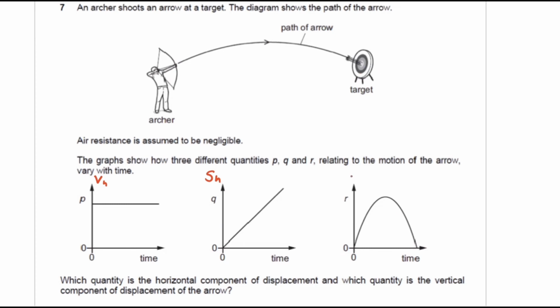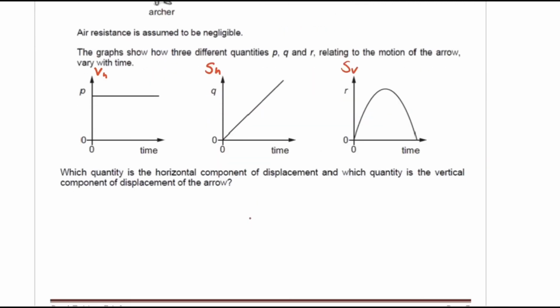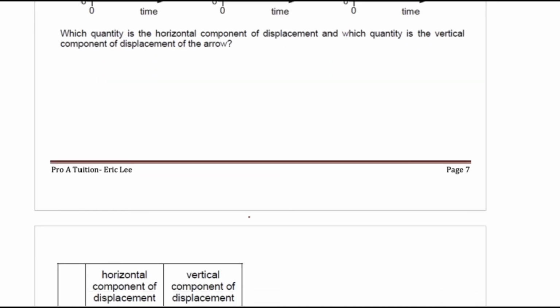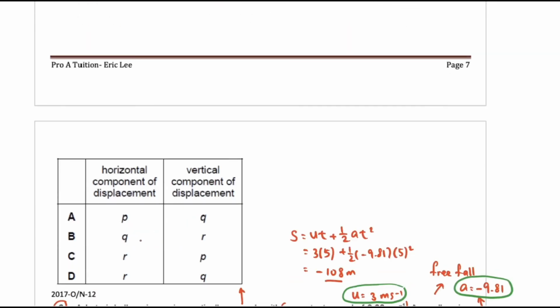So it goes up and down. So this is the vertical displacement. So from here, we can determine Q as the horizontal, R is the vertical. So the answer should be B. Should be B.